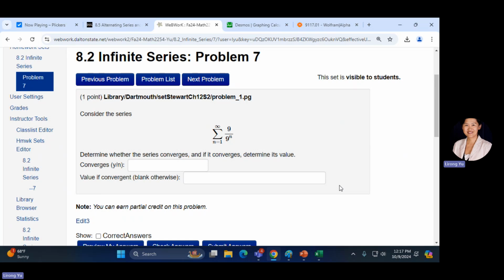Right, so we start with n equals 1, so it looks like 1/9, and 1/9 squared, and then 1/9 to the power 3, and so on. So this is a geometric series. And then the value it converges to, we have a formula for this.